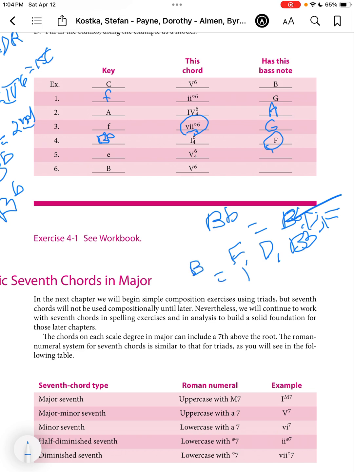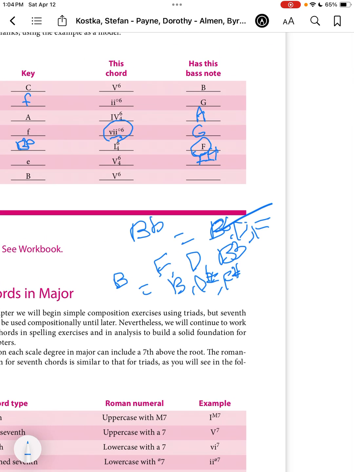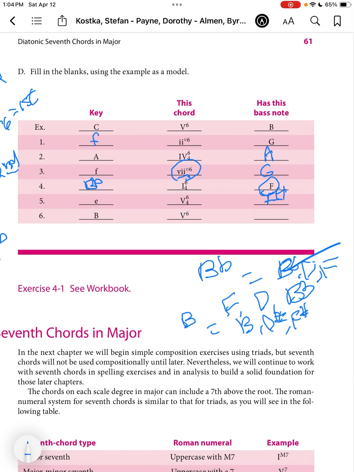And B, D sharp, F sharp, 464. Okay, 4 6 4, it has to be an F sharp if it's in that position. B, 5 is F sharp.